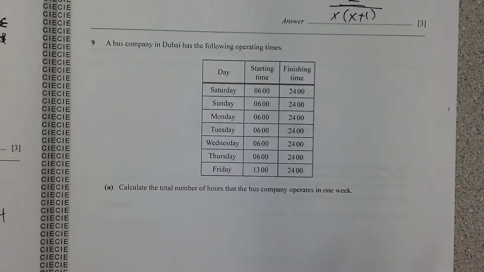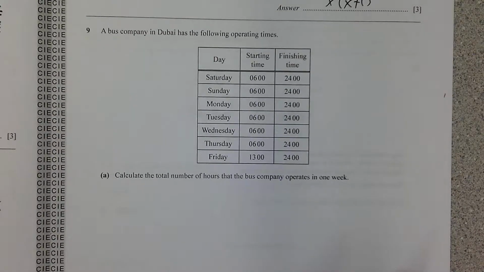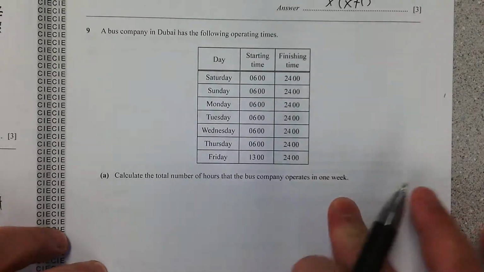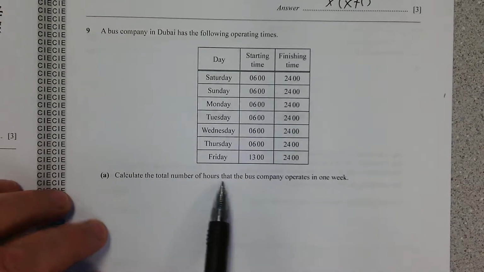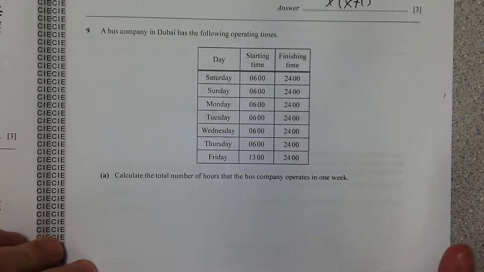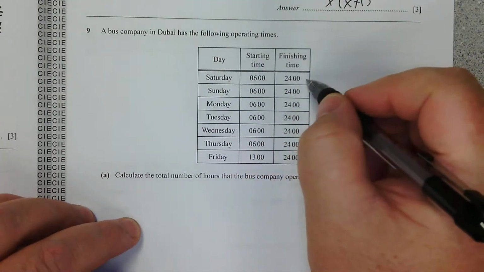All right, now, it says here that a bus company in Dubai has the following operating times. This is in 24-hour time, not 12-hour time. So, all right, it says, calculate the total number of hours that the bus company operates in 1 week. Well, this is 6 a.m. to midnight, right?